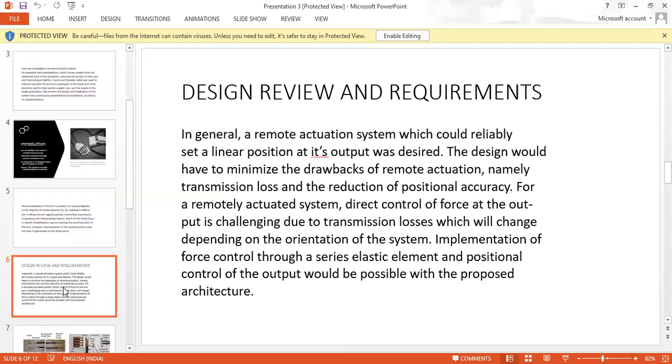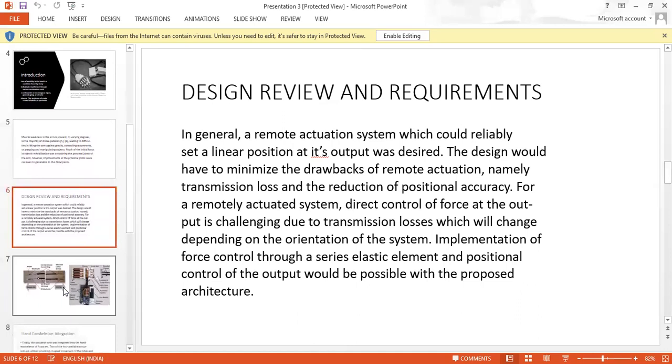Direct control of force at the output is challenging due to transmission losses, which change depending on the orientation of the system. Force control through a series elastic element and positional control of the output would be possible with the proposed architecture. That's how the design and requirements have been done.